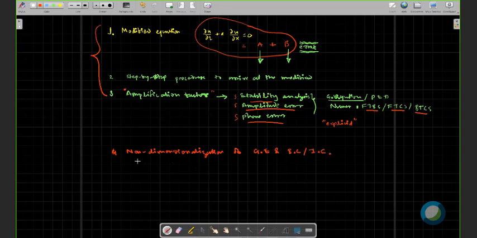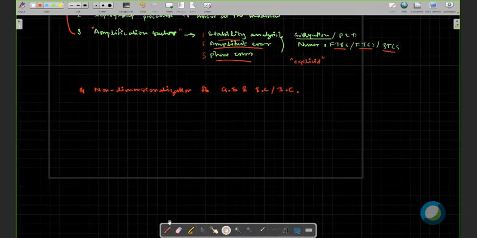When you do this non-dimensionalization, we always try to see that the variables vary from 0 to 1. Suppose it is a temperature, a velocity, or the concentration of any fuel, then these values should vary from 0 to 1.